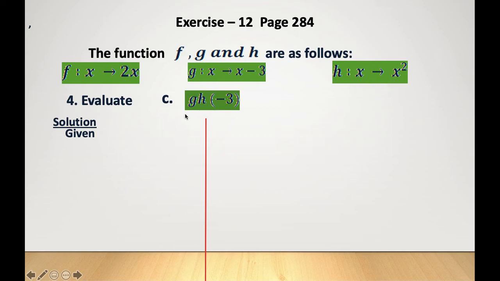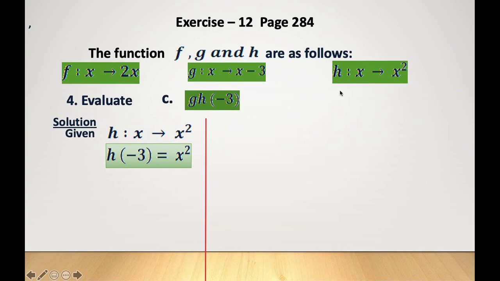Here you have the function g of h of negative 3. This function is given to us, that is h of x is x squared. So what is our input given here? I told you in the previous video, what is given in the bracket is our input.